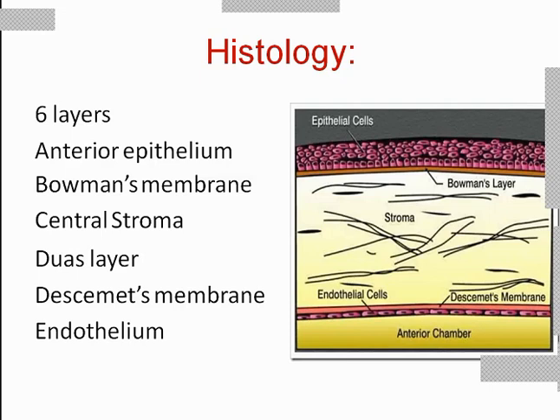Between the endothelium and Descemet's membrane, they have discovered another layer called Dua's layer. Dua is a scientist from India, and he has recently discovered this layer. So it becomes 6 layers instead of 5.